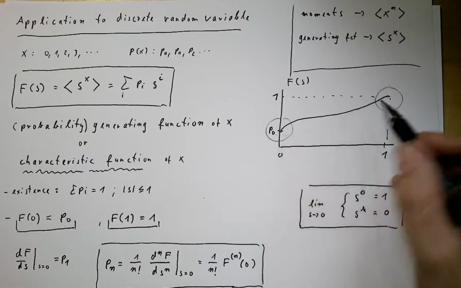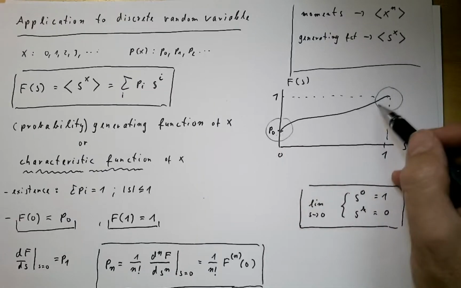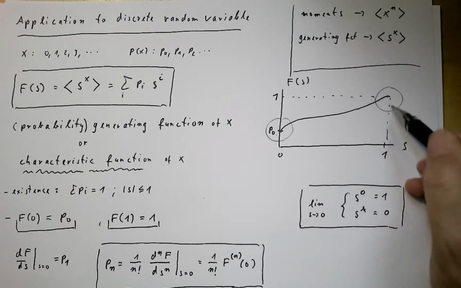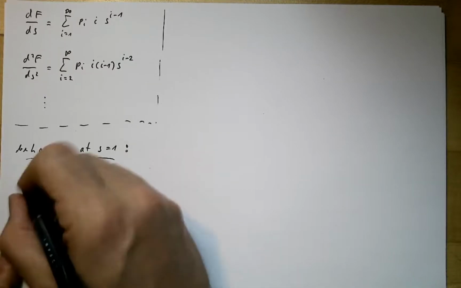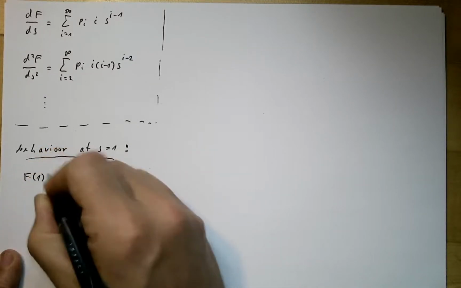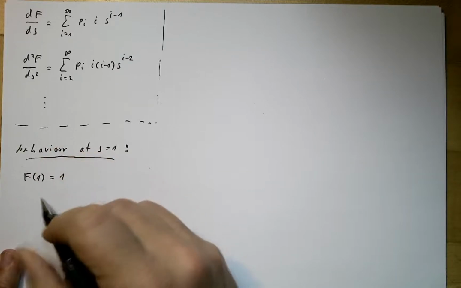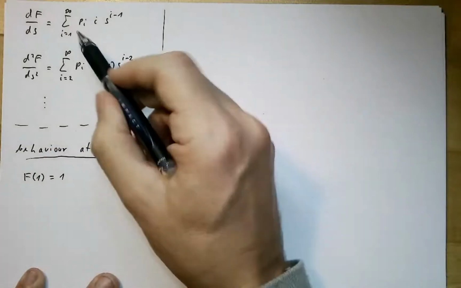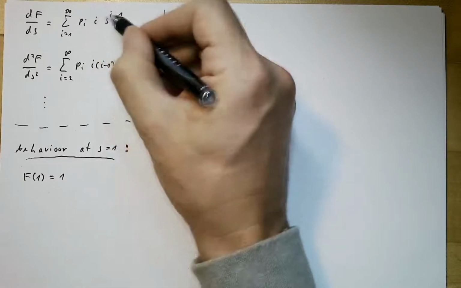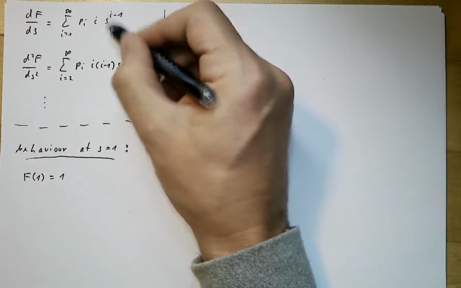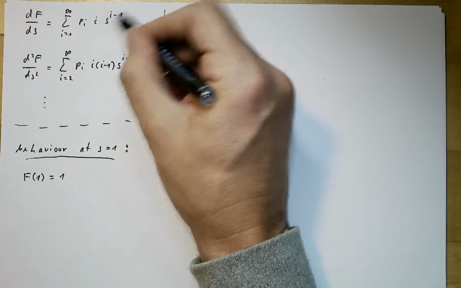So now what's happening at the behavior of this function at 1? Let's look at this. What's the behavior at s equal 1? We have already seen f at 1 is normalized. So what's the derivative doing at the position s equal 1? When s equal 1, then these terms are all 1.